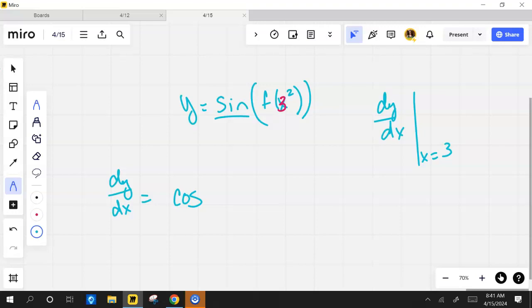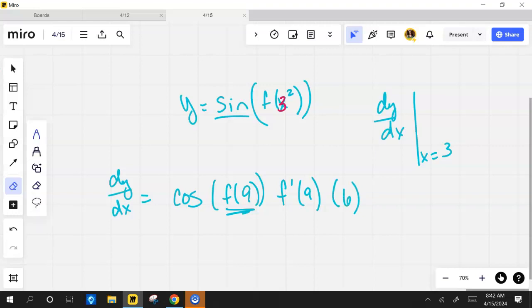So cosine of f of 9 is really what that's going to be. Now I take the derivative of this, so f prime times, and here's probably where you missed this. I need to do it with x, so you do not skip steps.